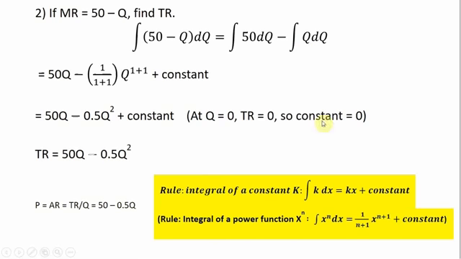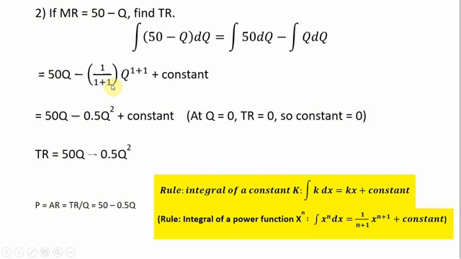And here's a new rule. We're going to look at the integral of a power function. If we want to get the integral of x raised to the power of n, we're going to follow this format right here. Whatever x is raised to, we're going to add 1 to it and put that in the denominator. And then again, whatever x is raised to, we're going to add 1 to it in the exponent here. So in our case, q is just raised to the power of 1.